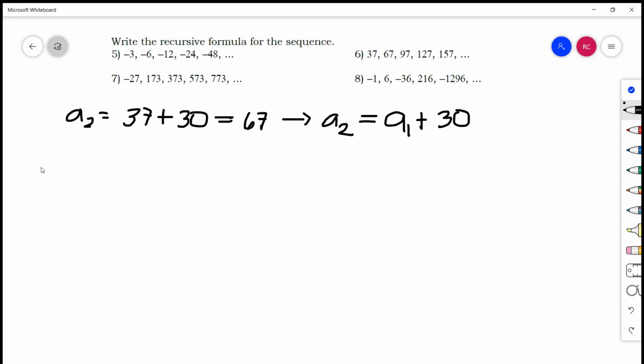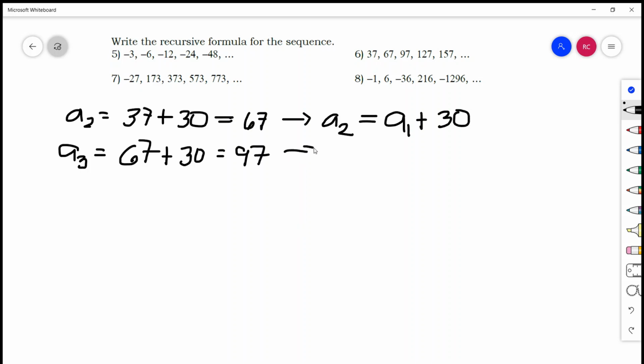Okay, so let's continue with the third term. We have 67 plus, if we are going to add 30, do we get 97? And our third term is 97.